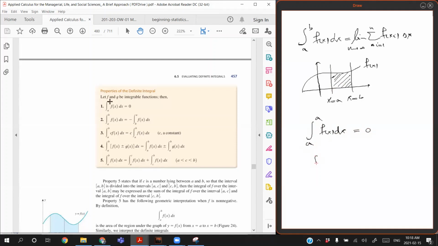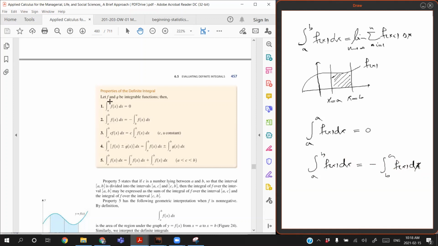The other property is the integral from a to b of f of x dx. If I swap a and b, I'm going to get minus the integral from b to a of f of x dx. So by swapping the lower and the upper bounds of the integral, I am negating the value of the integral.